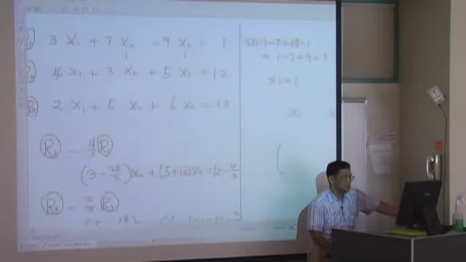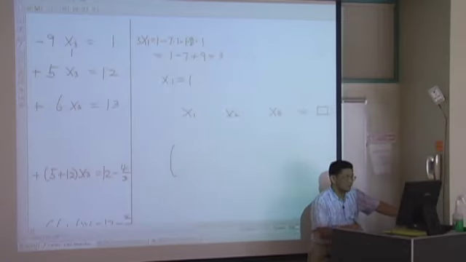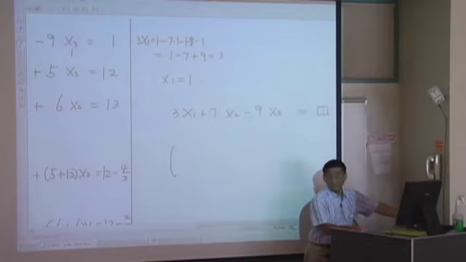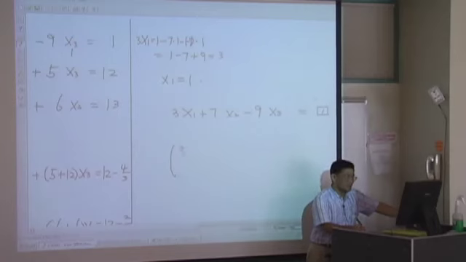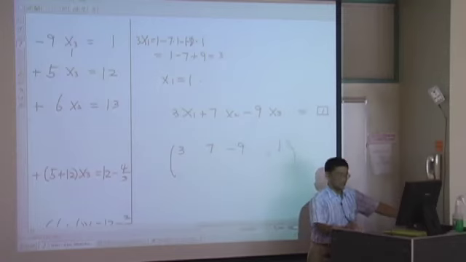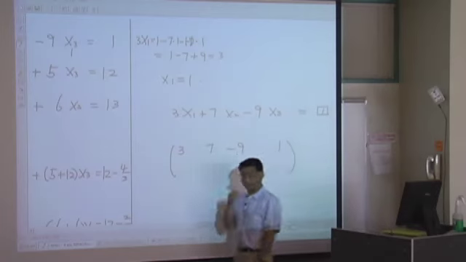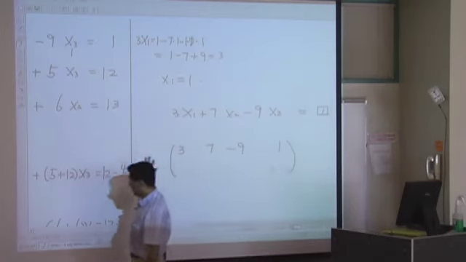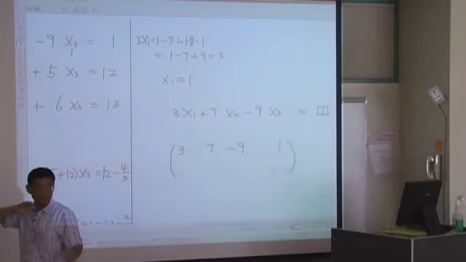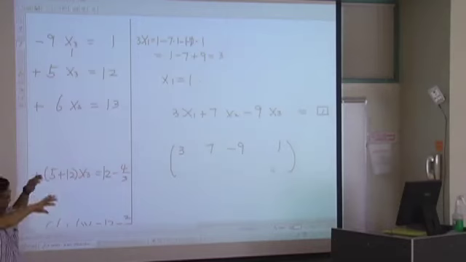I used 3, 7, negative 9, and then 1. But instead of writing all these things, we can just say 3, 7, negative 9, and then 1, right? Then it's much easier. So we can write the problem using matrices instead of the whole equalities.